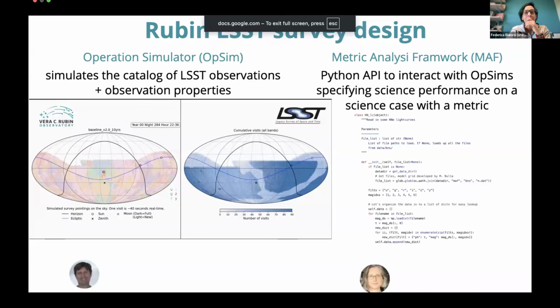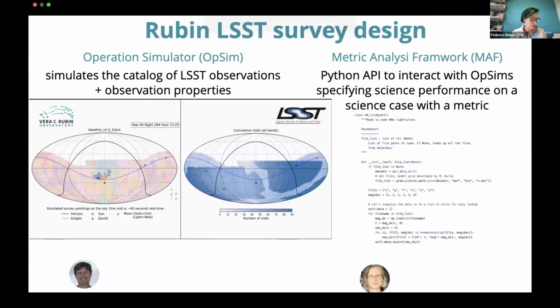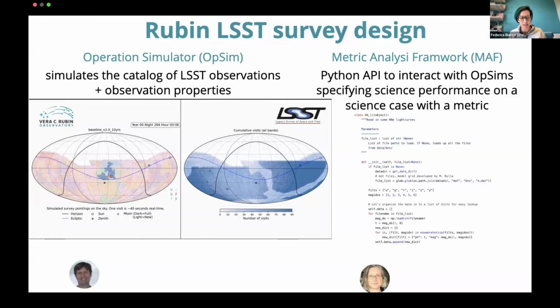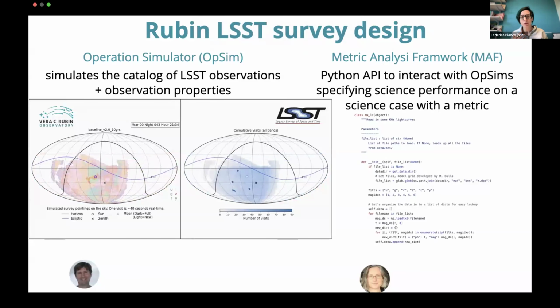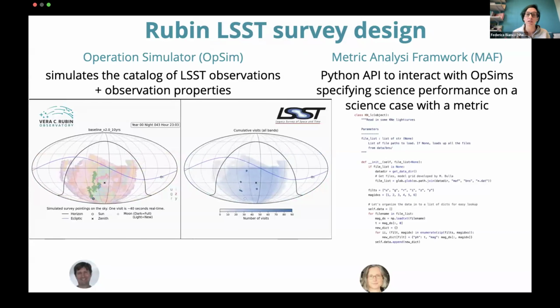As I mentioned, we were designing a process by which we could optimize the survey strategy based on the scientific expected throughput of the survey across multiple science cases. And we needed tools to enable community interaction if we wanted this to be a community-centered approach.